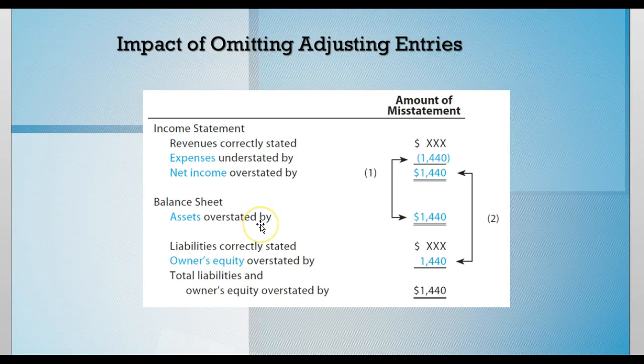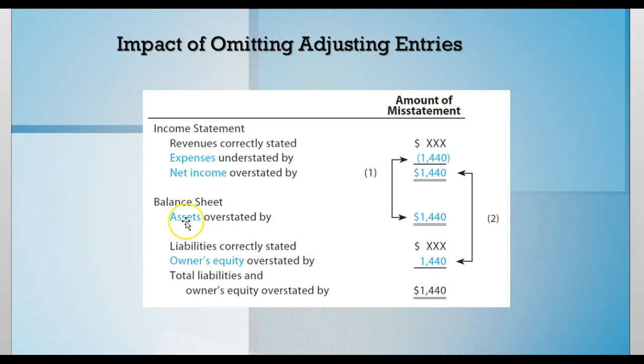And what did we just do? Now, if I hadn't made those two adjustments, my expenses would have been understated by $1,440, and my net income then would have been overstated, because revenues minus expenses equal net income. So if my expenses were not fully shown, I would have shown more income than I should have.